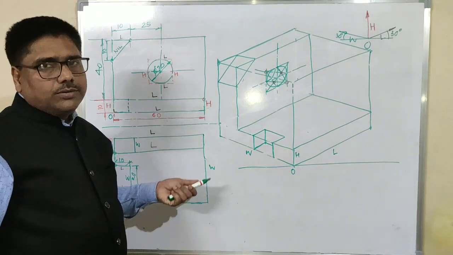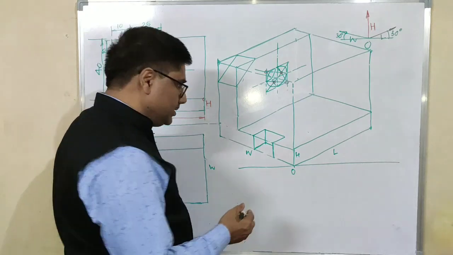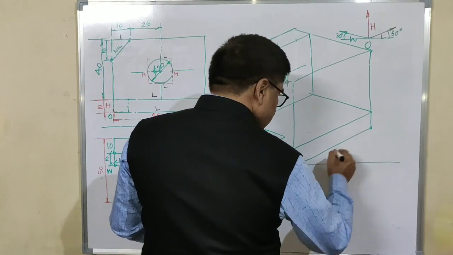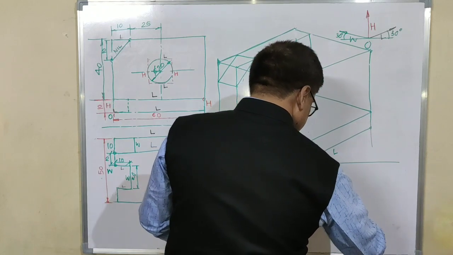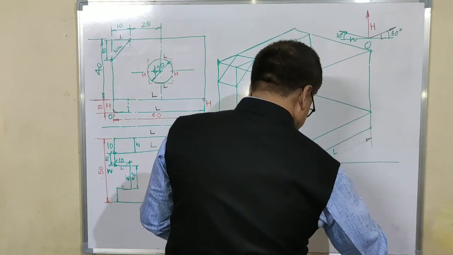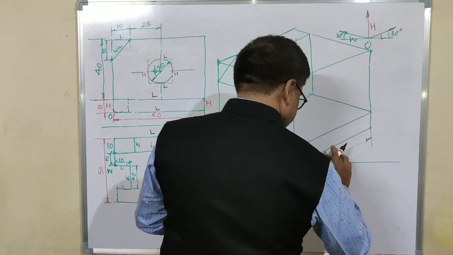We are supposed to give only overall dimensions, that is total length, total width and total height. Total length is 60.